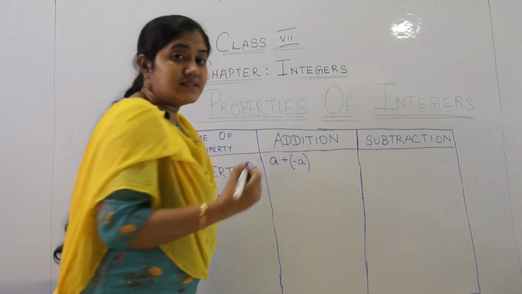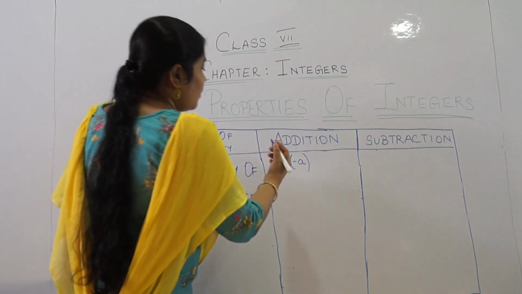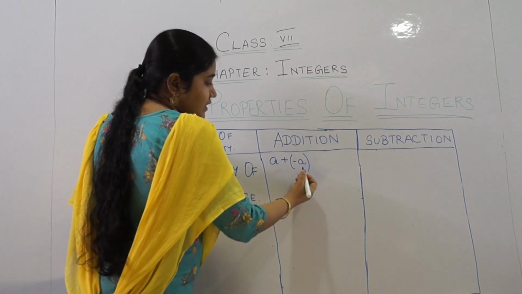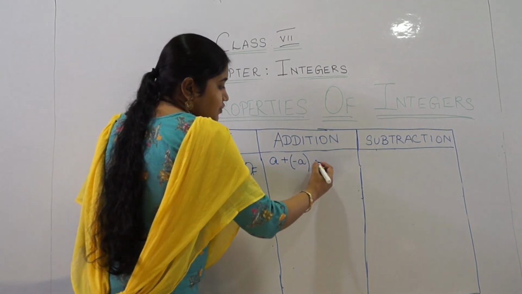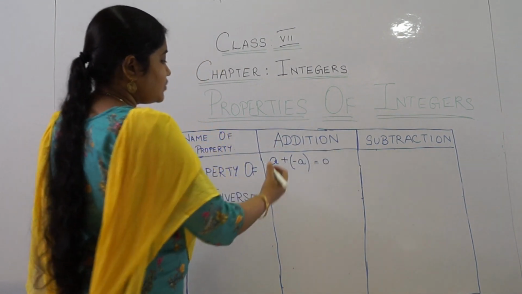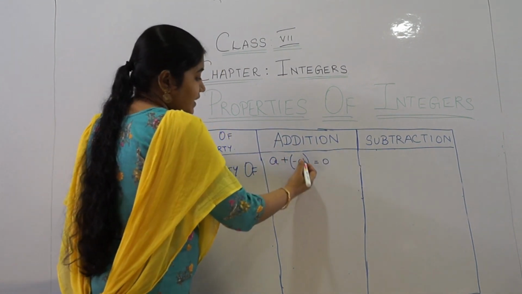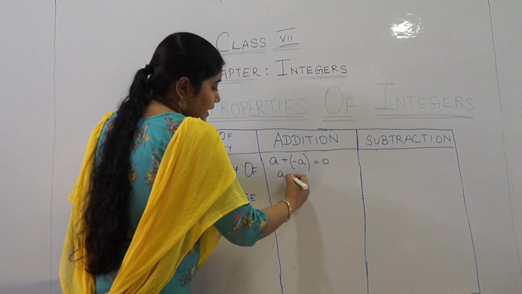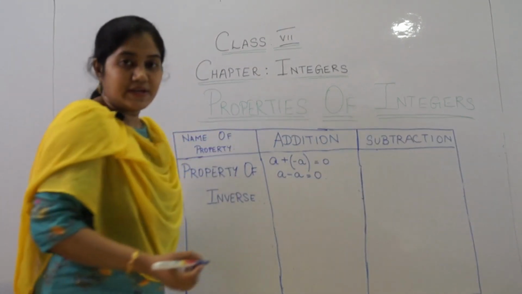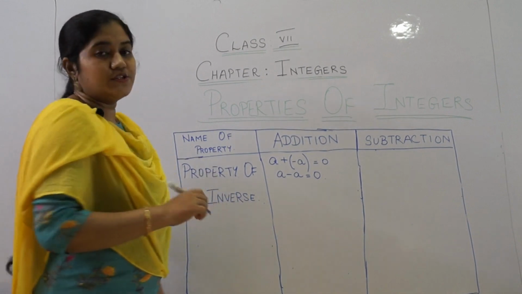Inverse means the sign changes. So when we add an integer a with its inverse, it should give 0. a plus of minus a is nothing but a minus a, which is equal to 0. This is called the property of inverse.